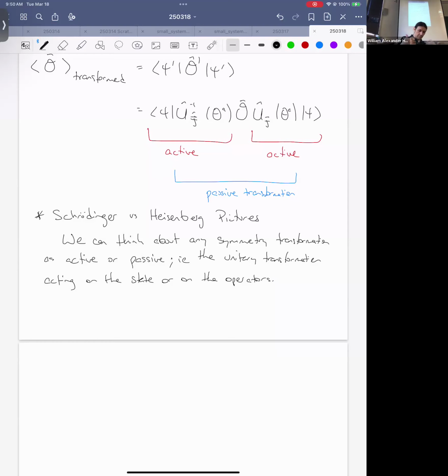And so this translates over to time evolution. Time evolution is a symmetry transformation.